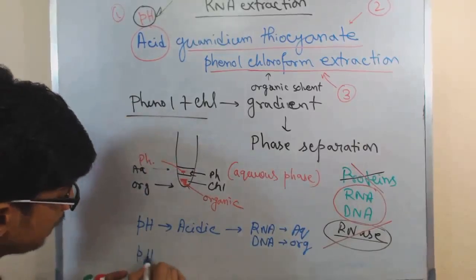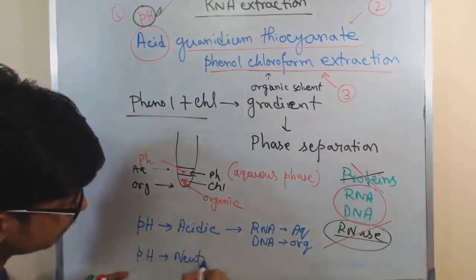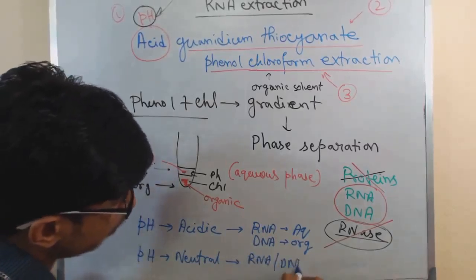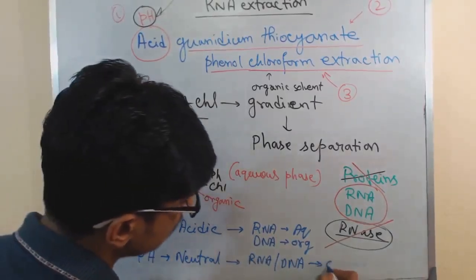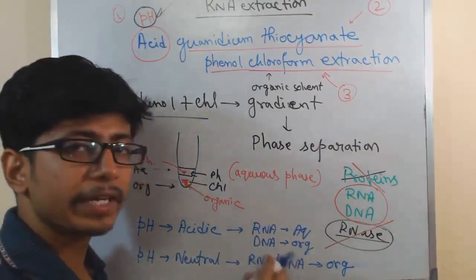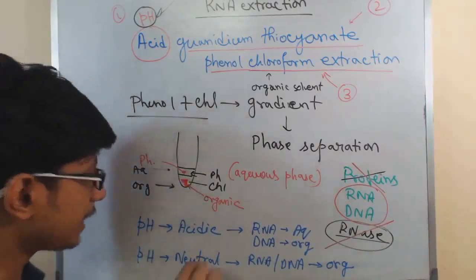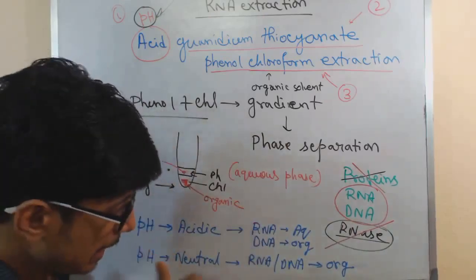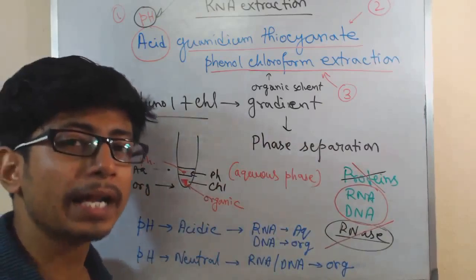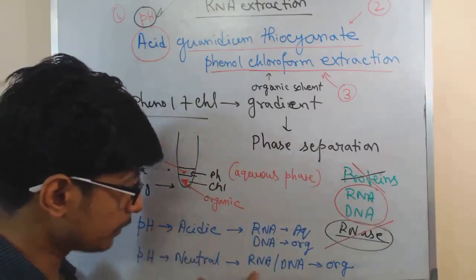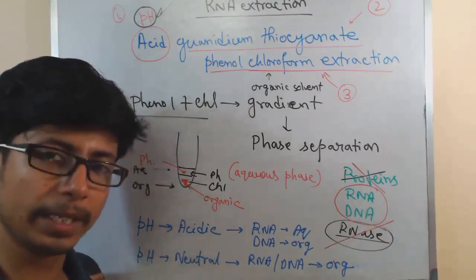But if the pH is neutral, then RNA and DNA both are going to stay in the organic phase. So this is very, very important. If we make this whole experiment in the neutral pH, where we most of the time do the experiments, in that case we won't be able to separate the RNA from DNA, because in this pH both of them will remain in the organic phase.